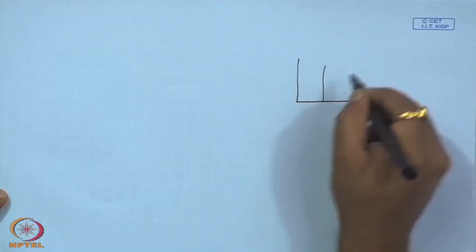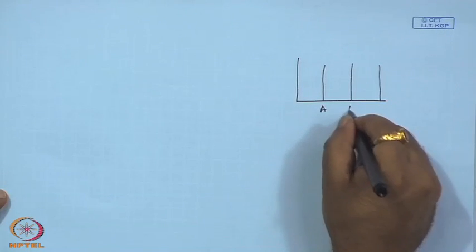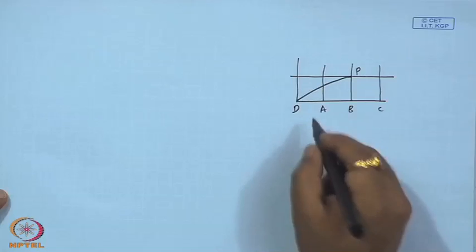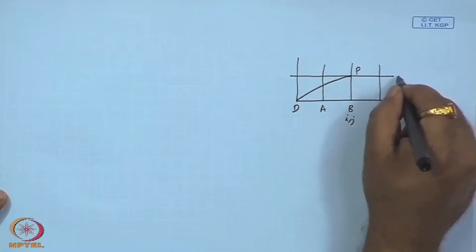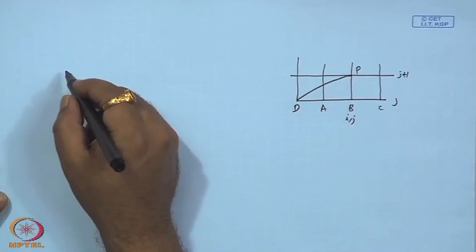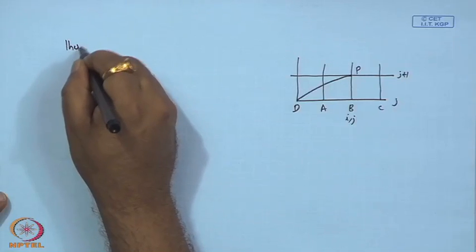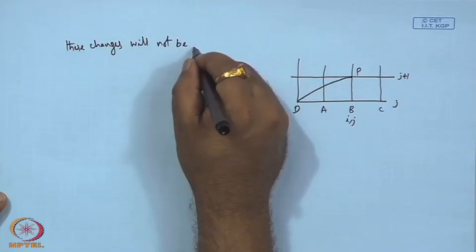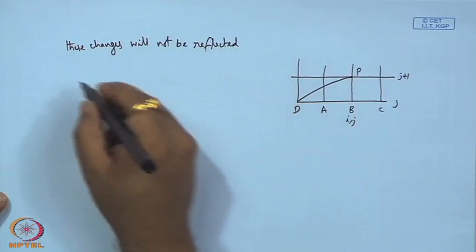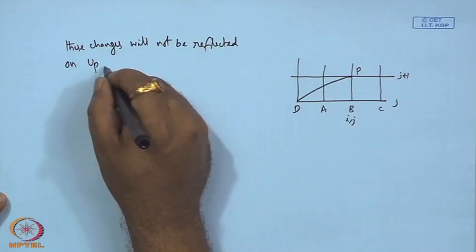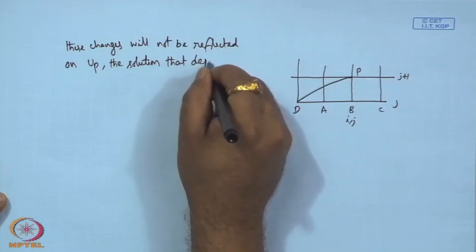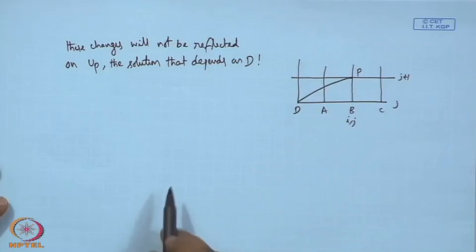But unfortunately, if you consider the point D, these changes will not be reflected on U_P, which is the solution that depends on D.